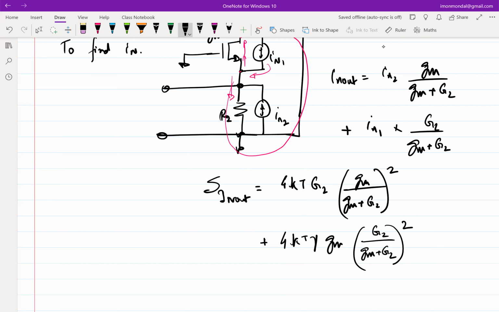So this is SIN out, but now the whole purpose is to figure out what is the input referred noise in terms of noise current.